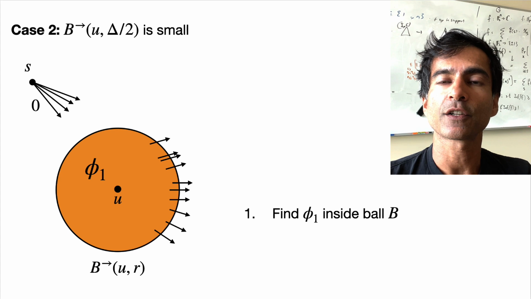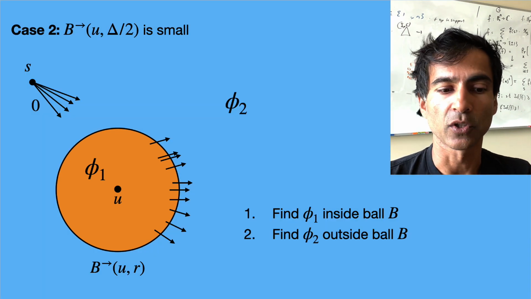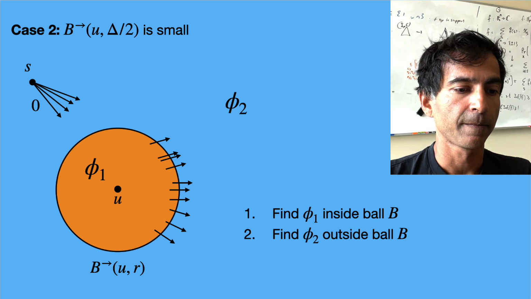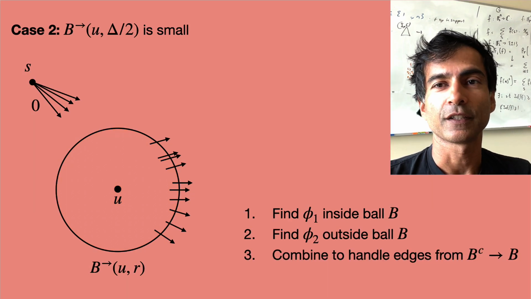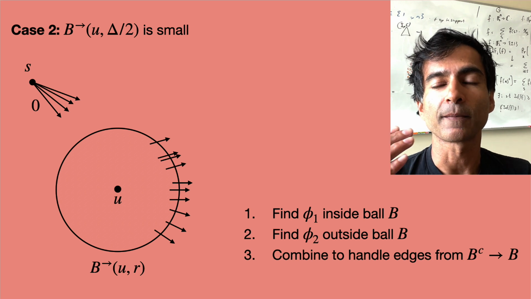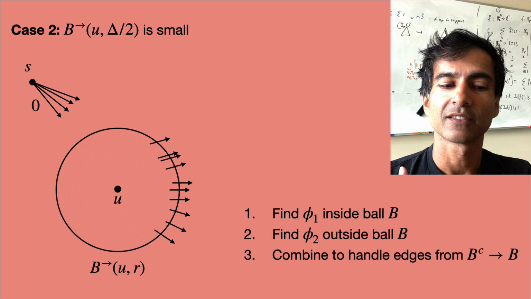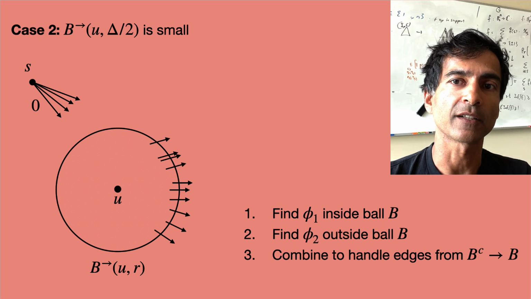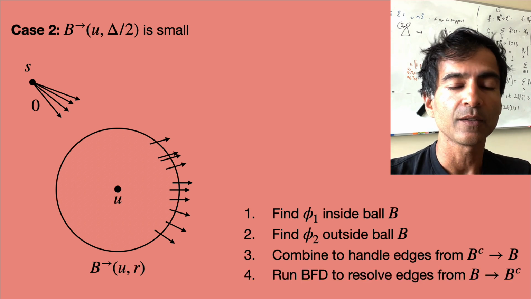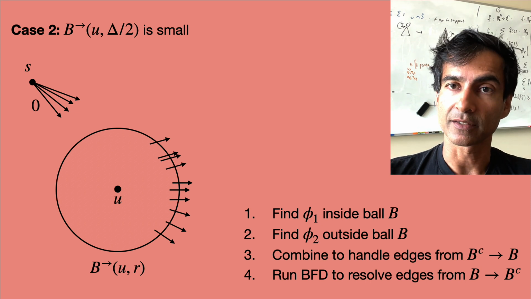Then we find a potential function inside the ball recursively and a potential function outside the ball recursively. Then we resolve all of the edges that go from outside to inside, as we discussed, to obtain one potential function that works inside the ball, outside the ball, and for the edges going from outside to inside. And finally, we run the BFD algorithm to resolve the edges that go from inside to outside the ball.